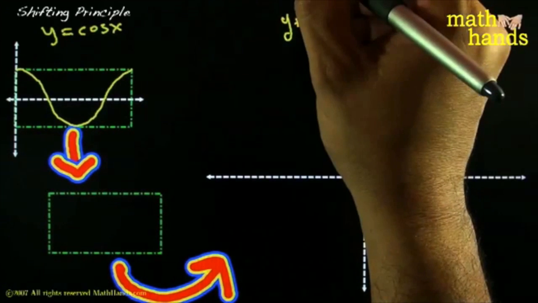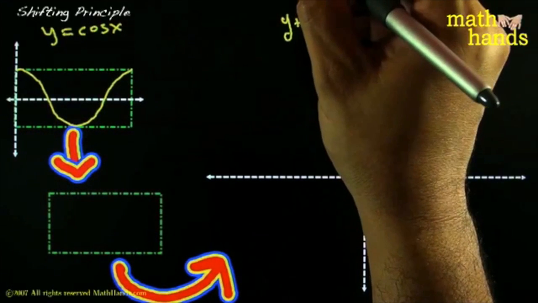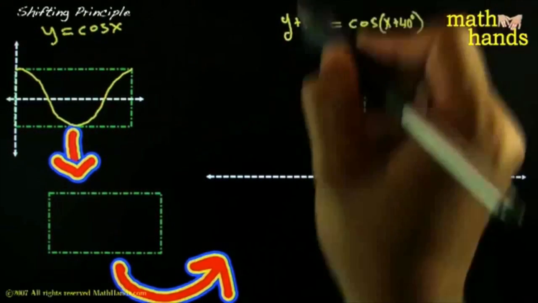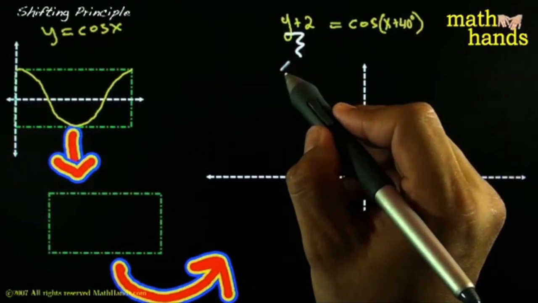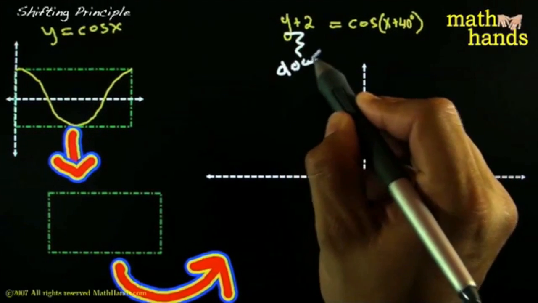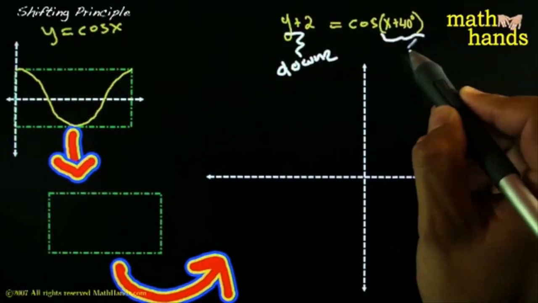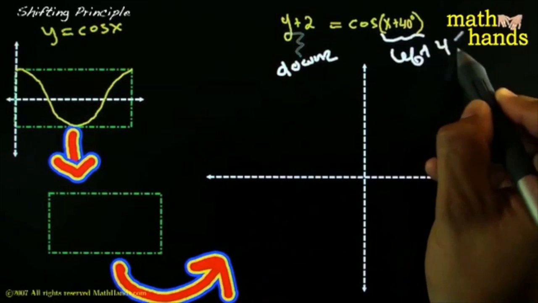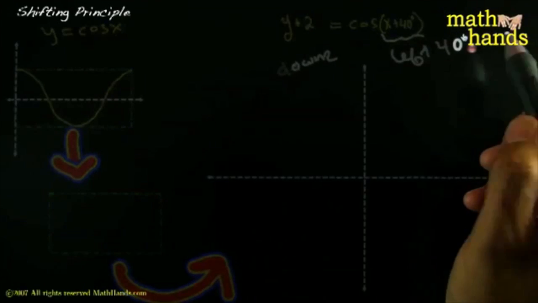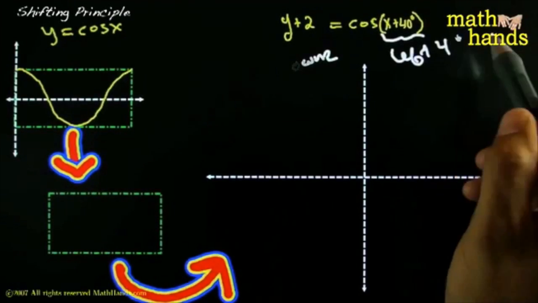Here, the way we would look at it is this. This part right here tells you that you're going to shift down 2. This part over here tells you you're going to shift left 40 degrees.